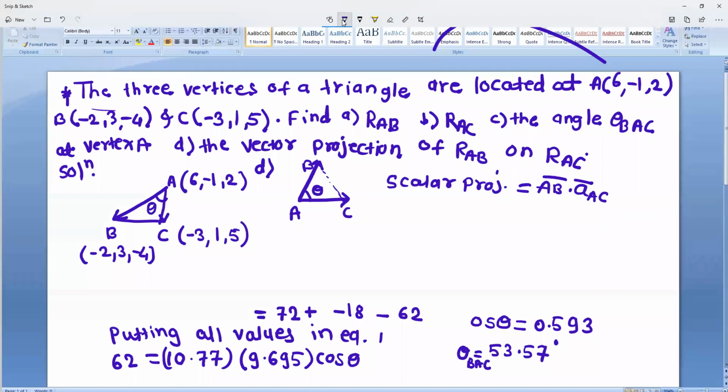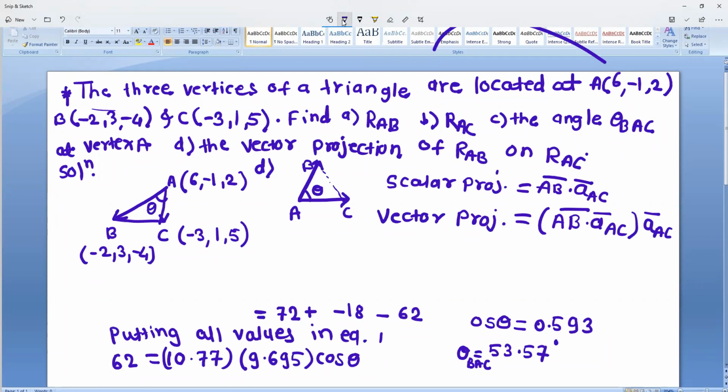So the vector projection is equal to vector AB bar dot a bar AC, into the unit vector a bar AC again. Everyone understood how the formula came?